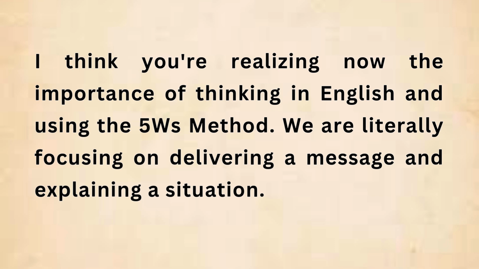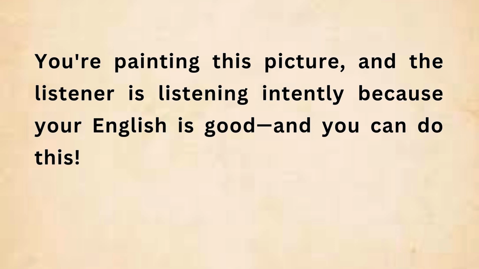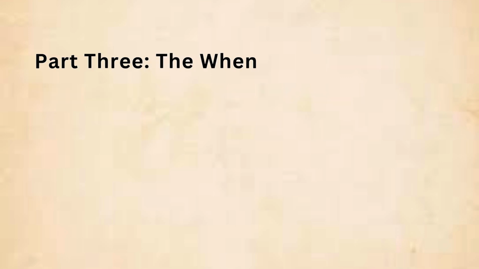We are literally focusing on delivering a message and explaining a situation. The first thing, who was involved? The second thing, what happened? You're painting this picture, and the listener is listening intently because your English is good, and you can do this.